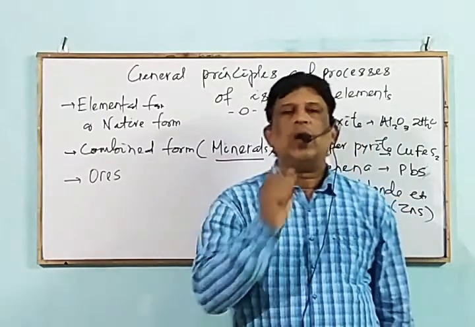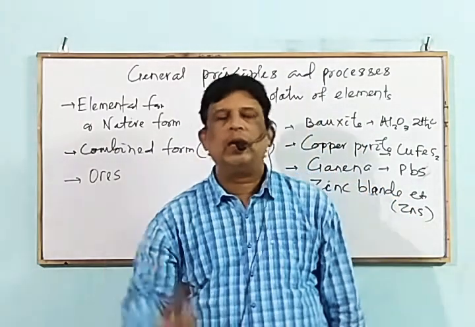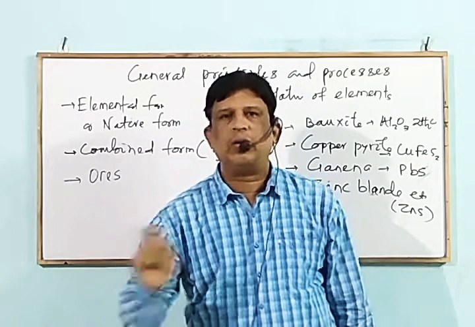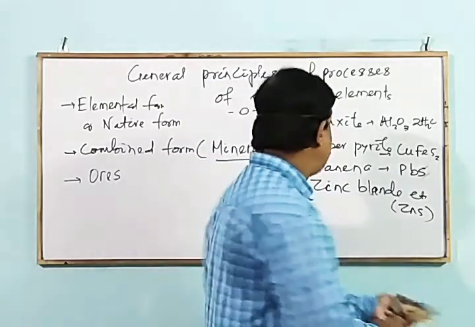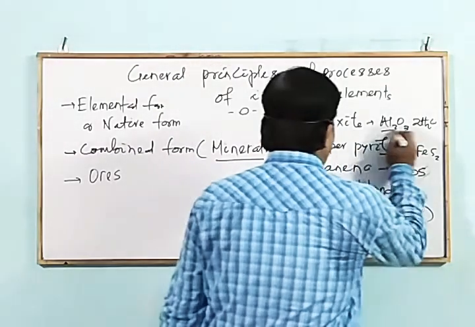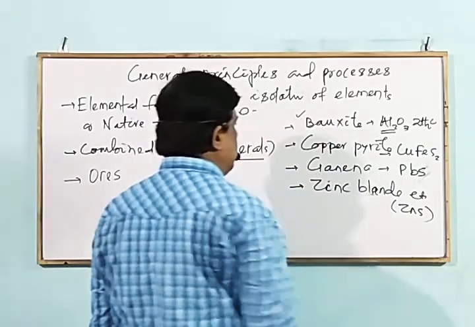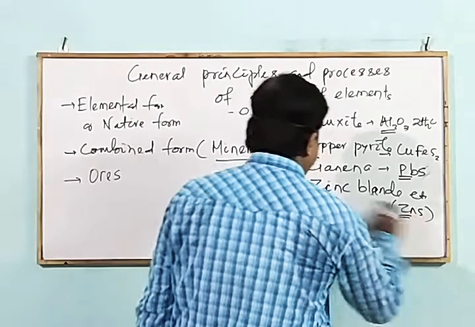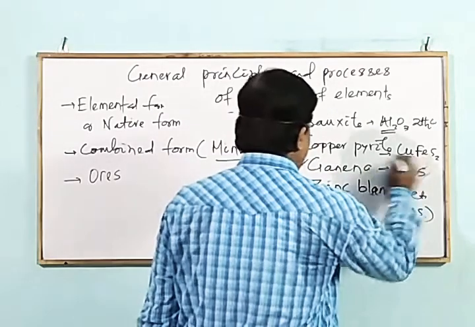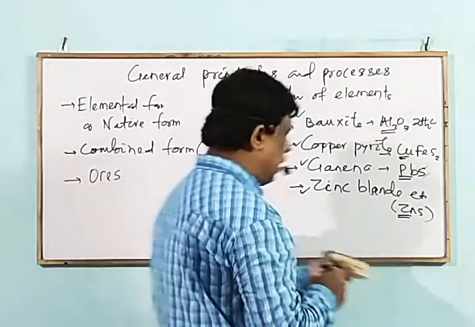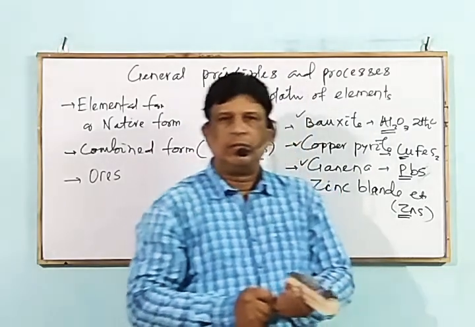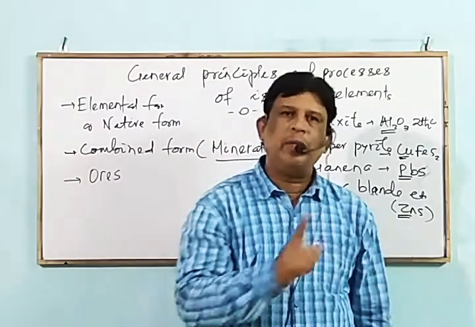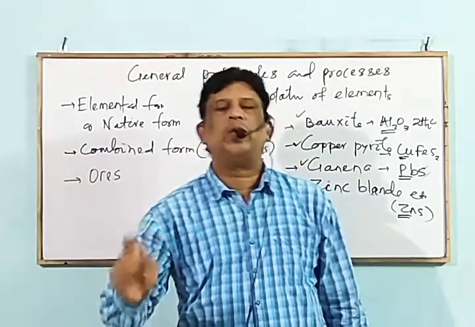Some examples: the ore of aluminium is bauxite, the ore of lead is galena, the ore of zinc is zinc blende, and the ore of copper is copper pyrite. So every ore is a mineral, while every mineral may or may not be an ore.